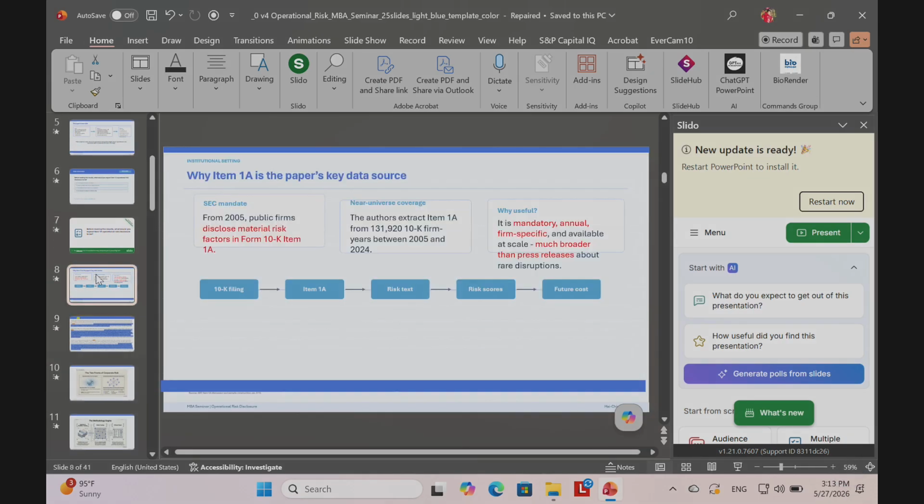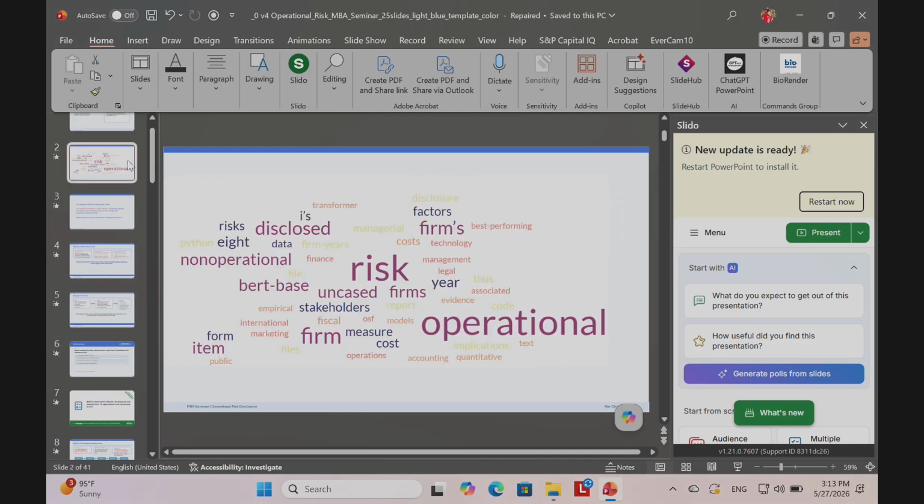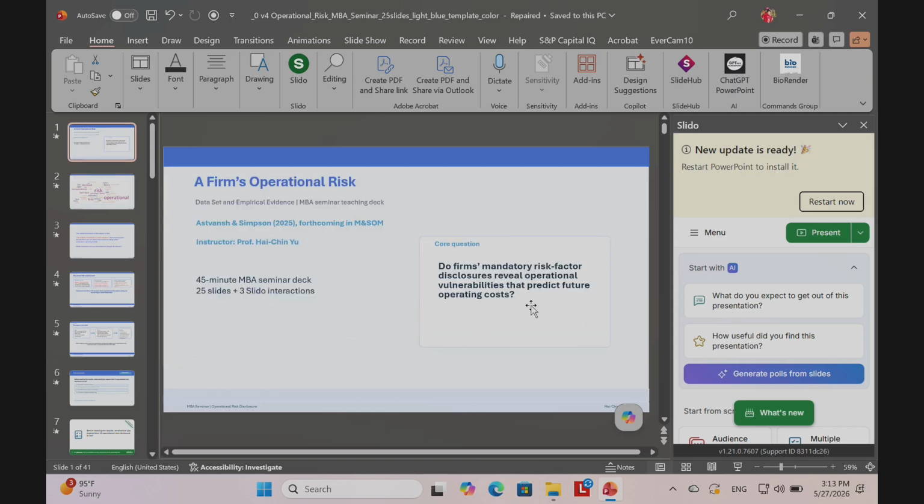There are a lot of steps to generate this data, and we can capture the picture from the word cloud using this risk measurement. And today's class will end here. Any other questions?